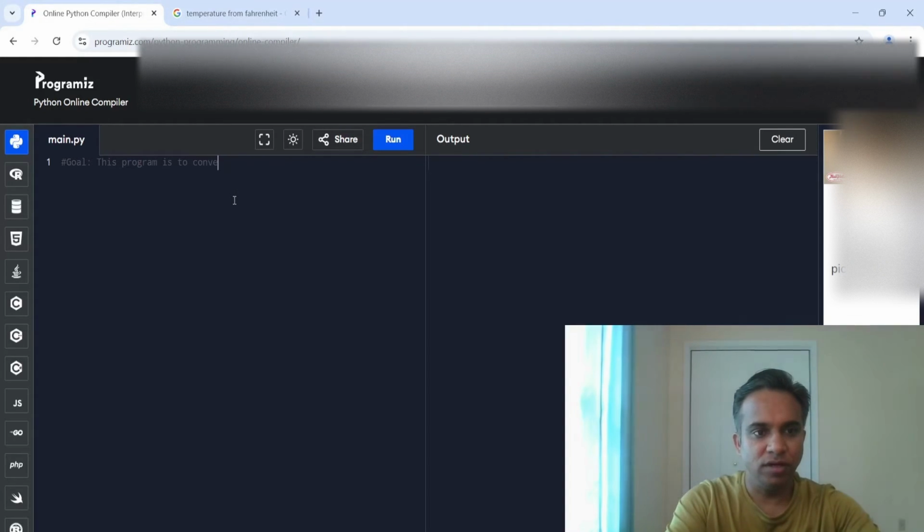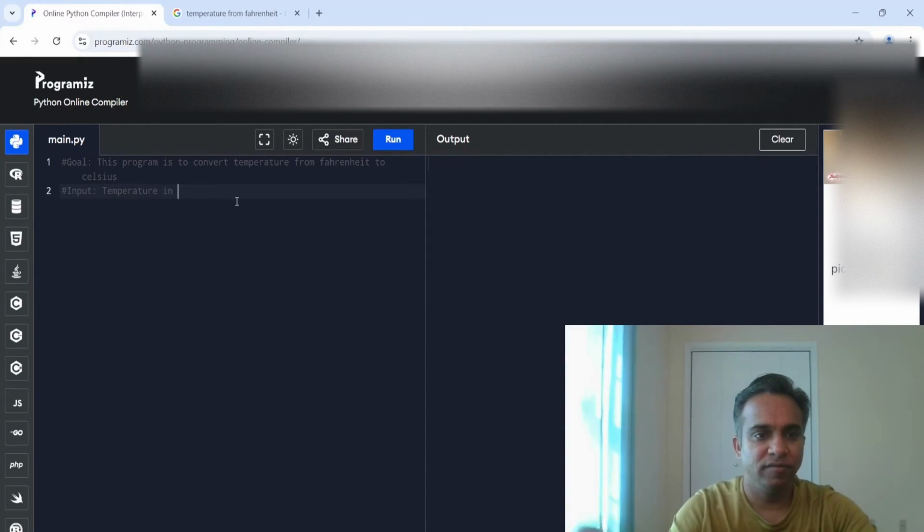To convert temperature from Fahrenheit to Celsius, what is going to be the input? Input is temperature in Fahrenheit.